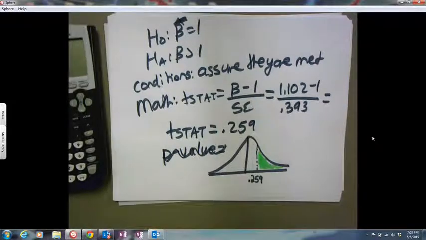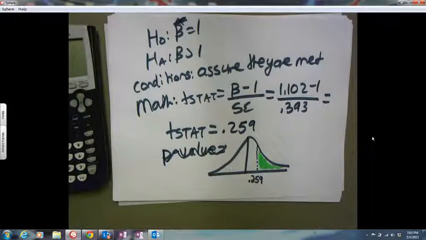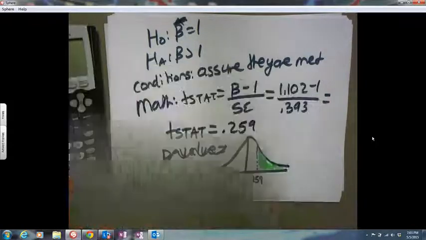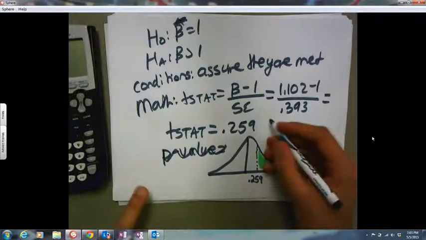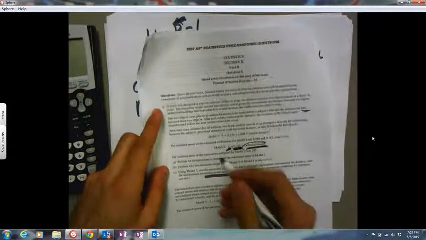Now, if we go to our t-table, the question is, let's write here our degrees of freedom. Let's look at the problem. How many did they sample? They sampled 40, so the degrees of freedom are 40 minus 1, so 39.